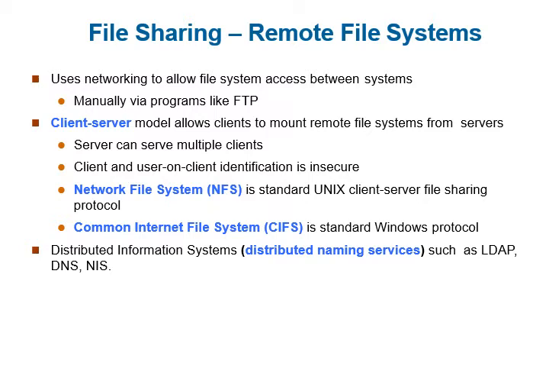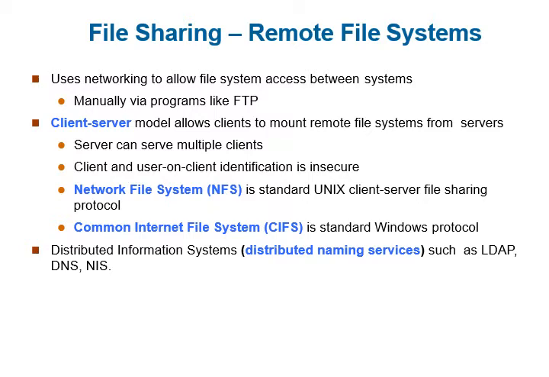If we consider the client-server model, the client mounts the remote file systems which may reside on a server. The server can serve multiple clients. Clients are nothing but a user or a client identification that may be on an insecure channel.